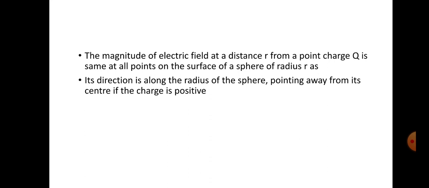Its direction is always along the radius of the sphere pointing away from its center if the charge is positive, and if the charge is negative, then it is directed towards the center. So this is about the electric field.